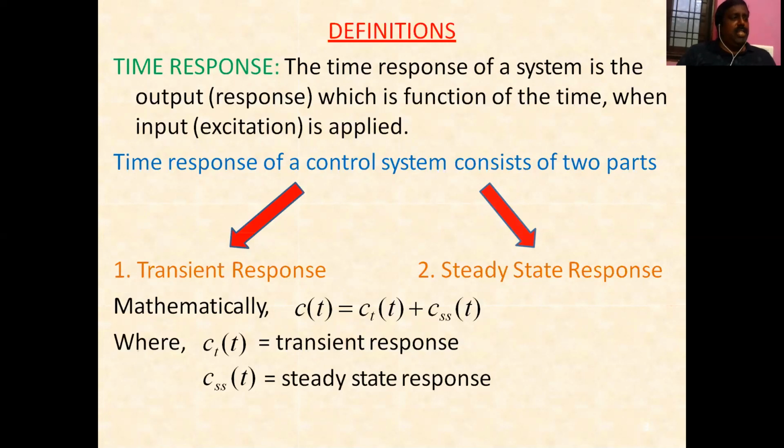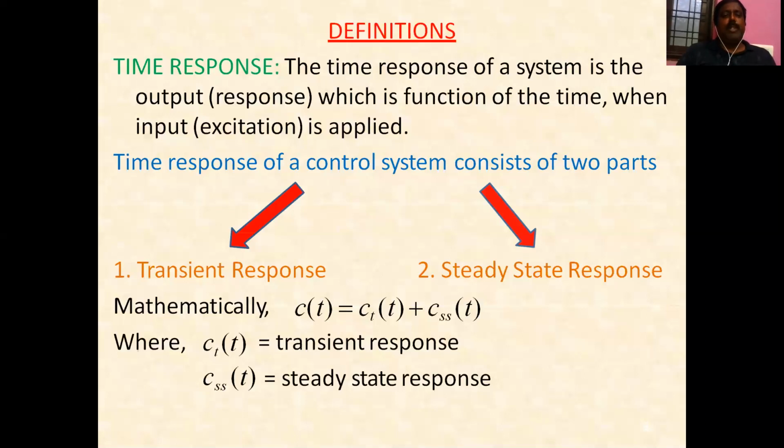With that, we are calculating the response with respect to time. How to determine it? C of S by R of S. If you move the R of S to the other side, then C of S is equal to R of S into G of S by 1 plus G of S into H of S. Then how to calculate C of t? What is C of t?